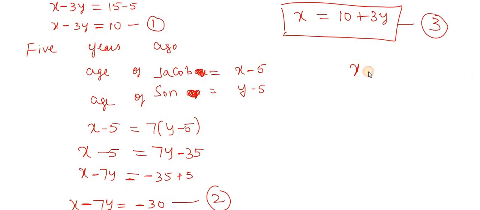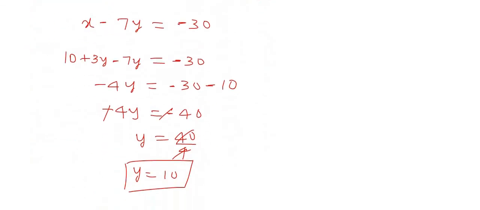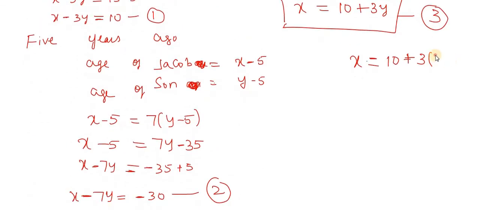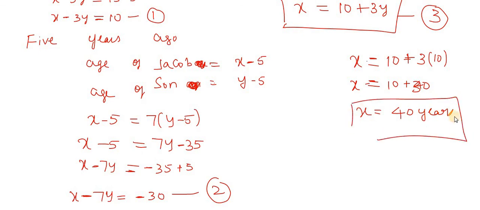So x equals 10 plus 3 into y, where y is 10. So x equals 10 plus 30. So x is 40 years.